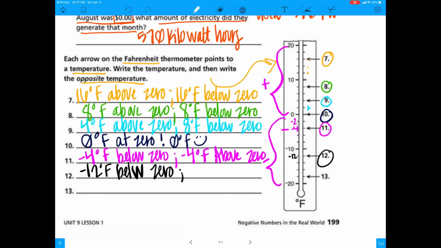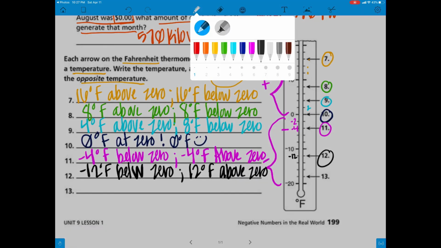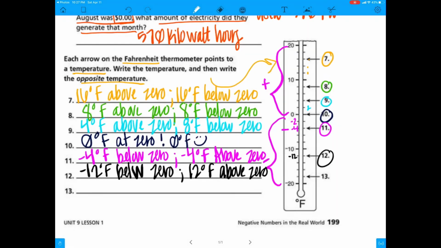Again, going from the negative to positive, or above positive to negative, we'll see what happens when you have two number lines layered, a vertical and a horizontal, because the numbers above the 0 are positive, the numbers below are negative, the numbers to the right of 0 are positive, and the numbers to the left of 0 are negative. Number 13 is 18 degrees Fahrenheit below 0, and 18 degrees Fahrenheit above 0 for the opposite.